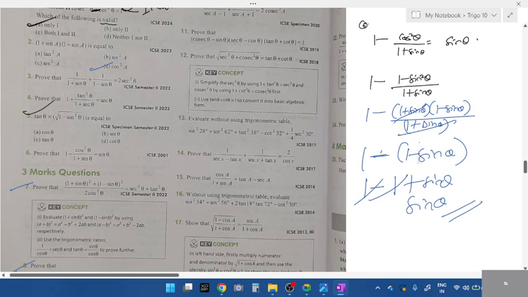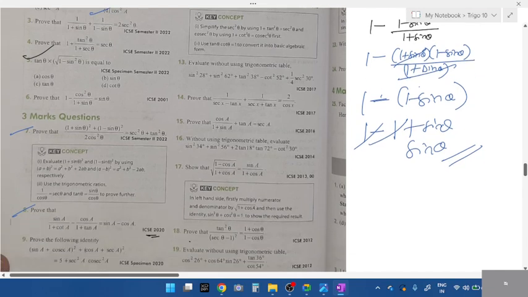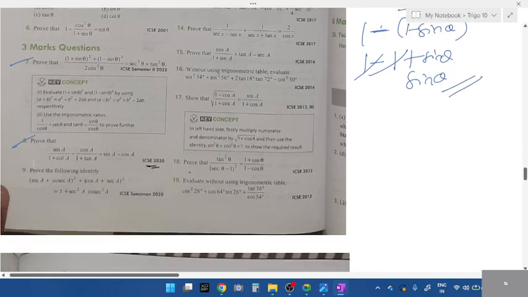All of you will complete it. Done. Okay. Mark the questions. Seventh one and eighth one, students. Seventh one and eighth one.